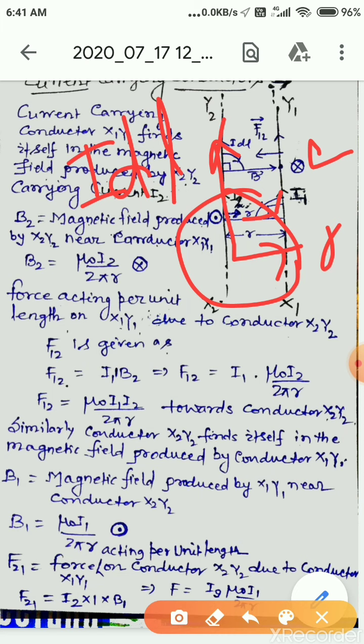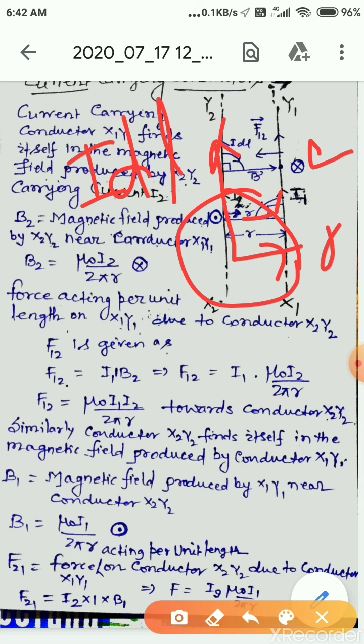Now the current carrying conductor X1 Y1 finds itself in the magnetic field B2. So it experiences a force. So F12 is the force acting per unit length on the first conductor due to the second current carrying conductor. F12 is equal to I1, the current flowing in the conductor. Its length is unit, so 1 meter.